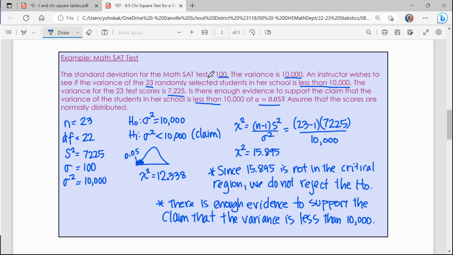So the question, is there enough evidence to support the claim that the variance is less than 10,000? And the answer is yes.